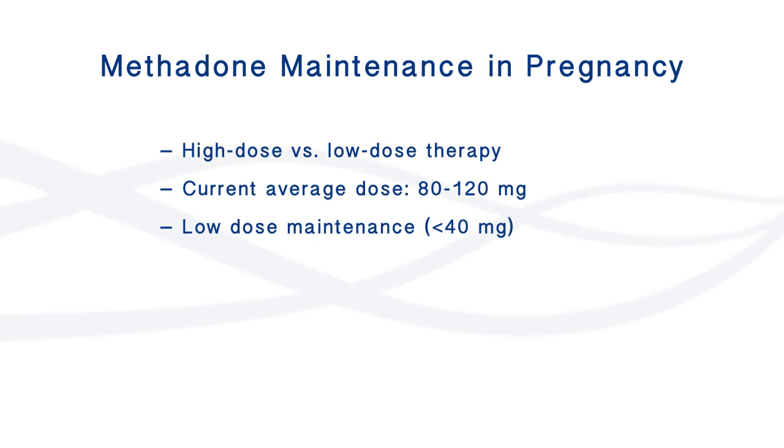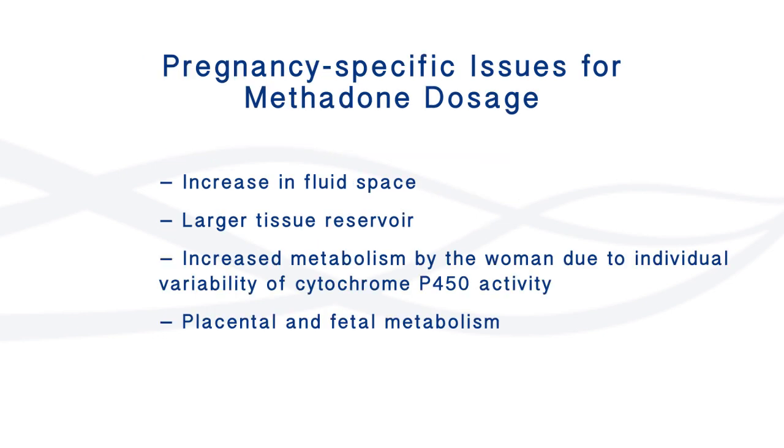Now, why have methadone doses been rising? There are some pregnancy-specific issues for methadone dosage. We know during pregnancy that there is an increase in fluid space. Pregnant women retain water. There is also a larger tissue reservoir.